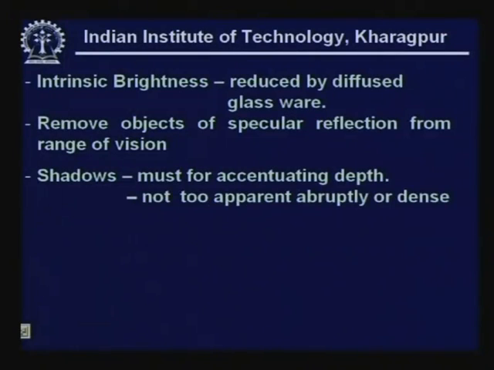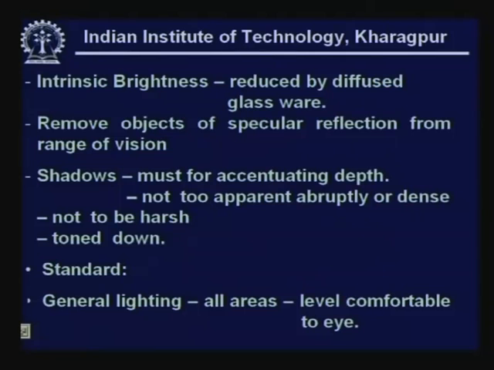So, the shadows selectively have to be included. They should be there, but not apparent abruptly, or they are not supposed to be very dense, not harsh, and they are toned down, that is mild shadows are required.